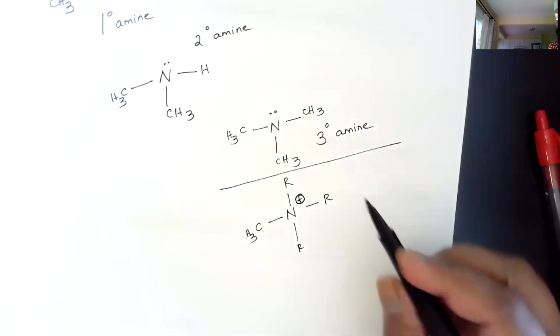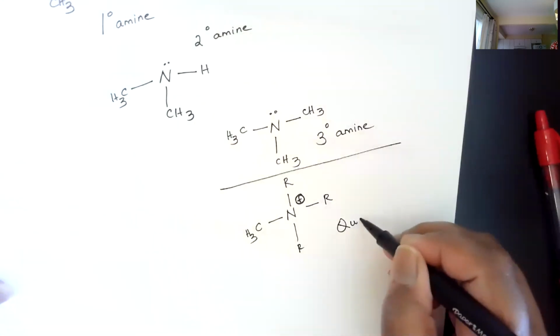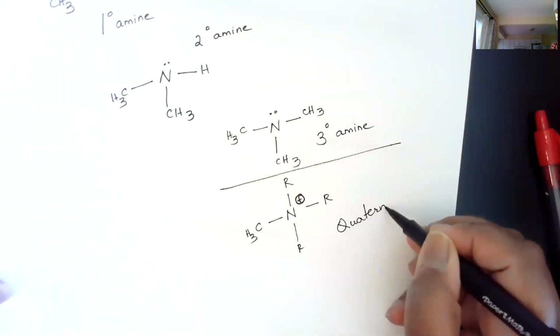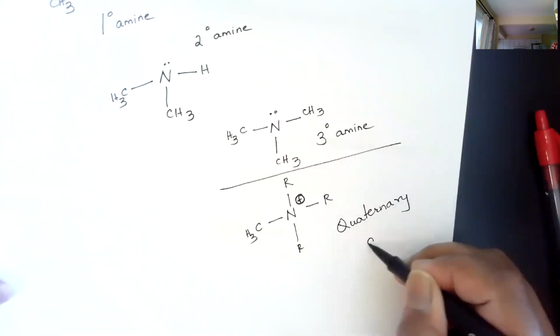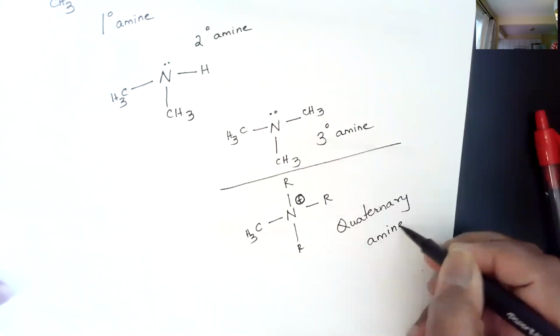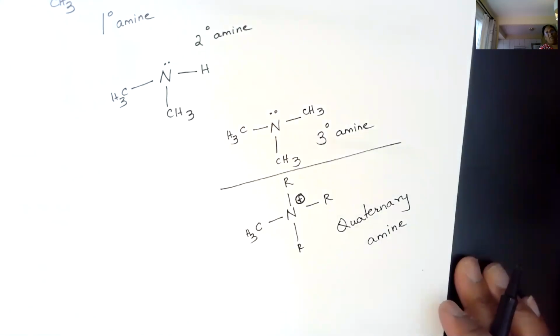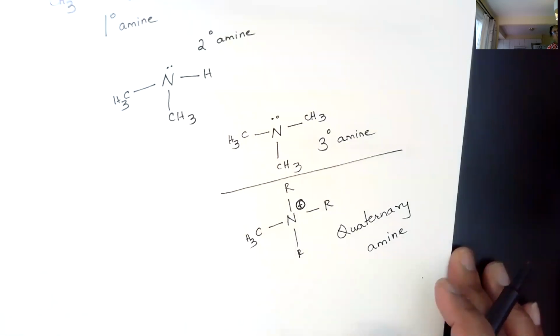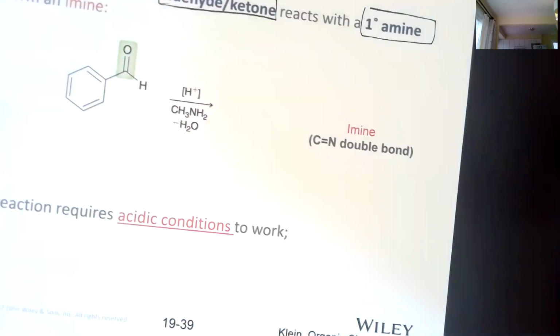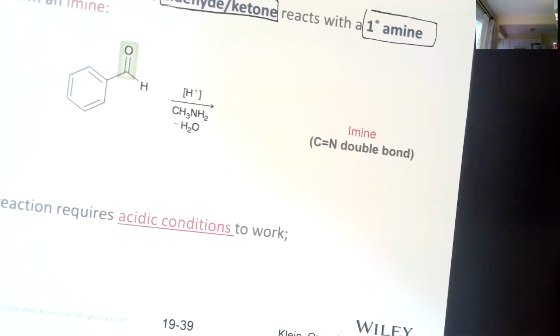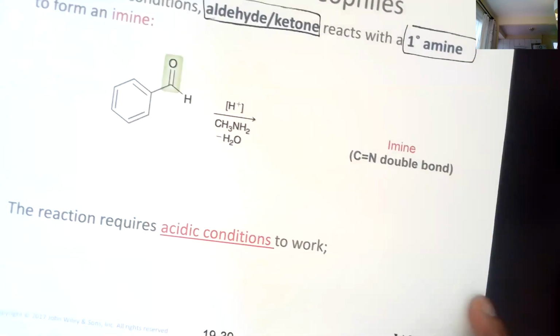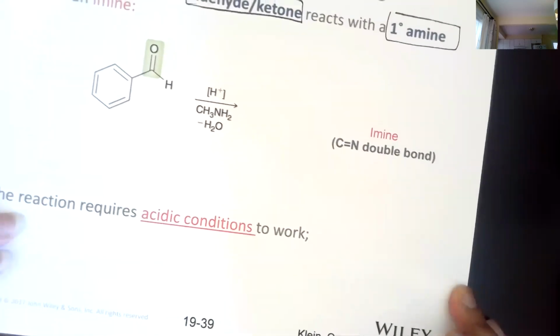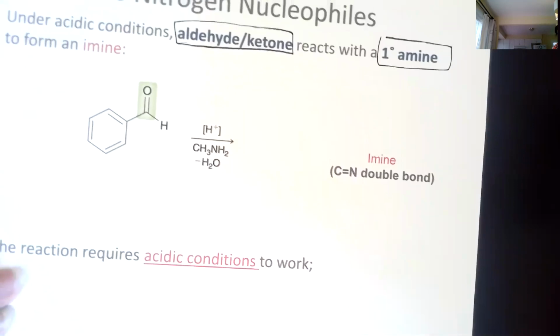And what do you think this is called? Quaternary amine. So those are the 4 types of amines. Okay, got it? Now we're going to look at the reaction of a carbonyl with a primary and a secondary amine. So those are our variations.